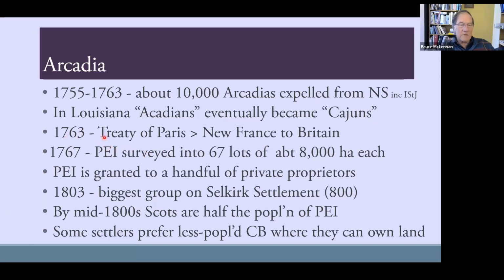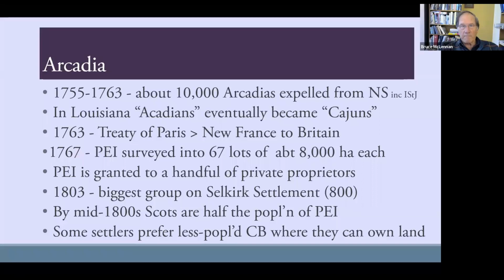So in 1763, after the French and Indian Wars and the Seven Years' War, there's a settlement and New France becomes part of Britain. This is the big thing, the basis of migration, that people can go there. PEI itself, which was still called St. John's Island in English for some time, is divided up into a small number of properties owned by proprietors, who in turn rented it out in bits and pieces.